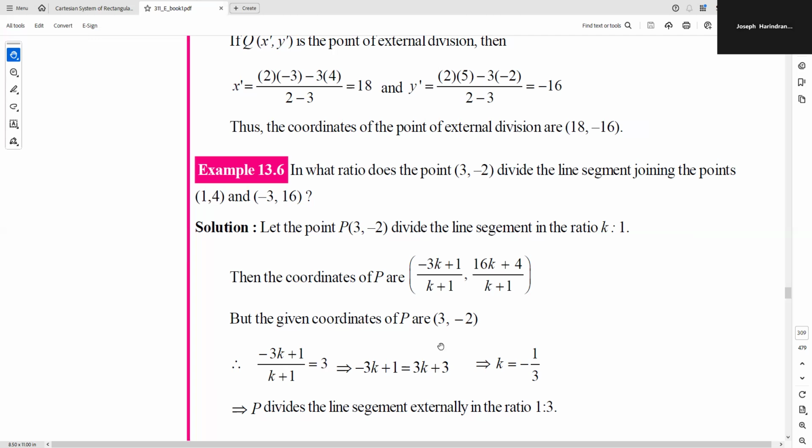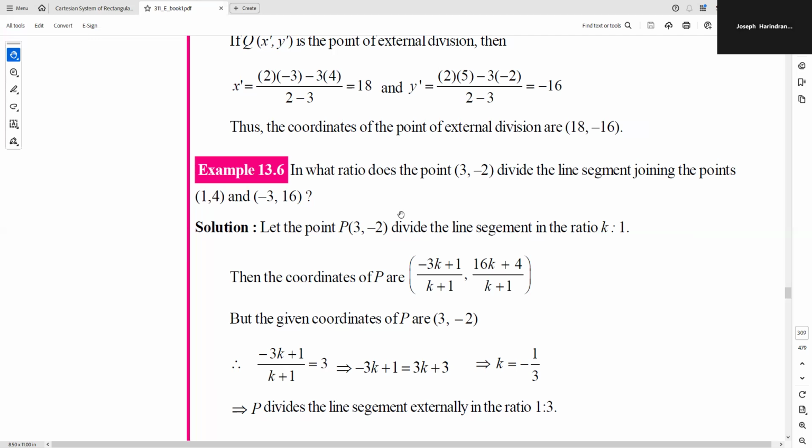We take it as minus, because it is minus m1 x2 plus m2 x1. m1 is k, so k into minus 3, so minus 3k, plus m2, which is 1 here, into 1 because x1 is also 1.